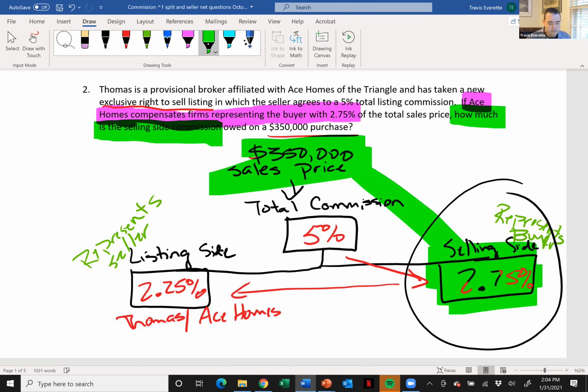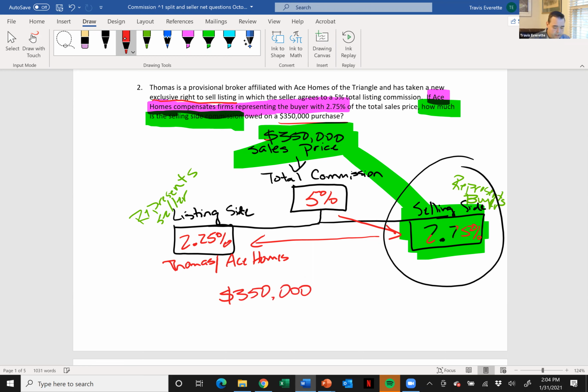So my math, and I'm going to type in the calculator, is going to look just like this. It's going to be $350,000 times 2.75%.